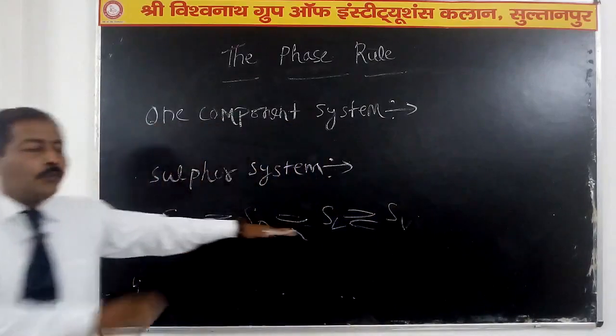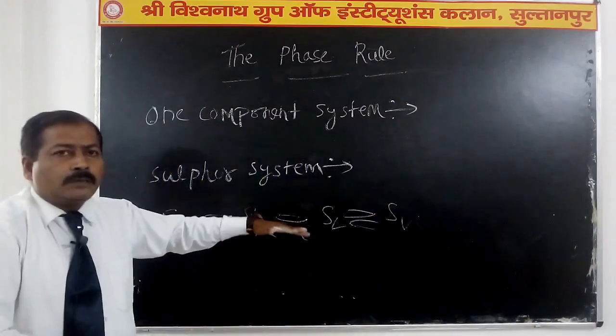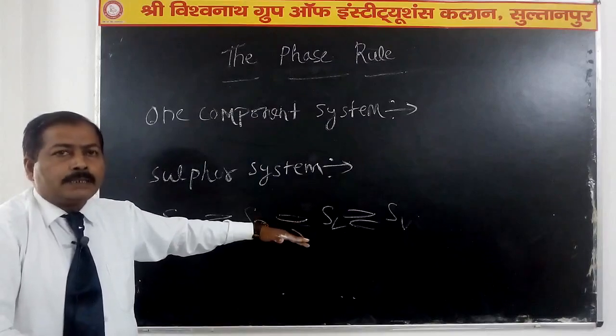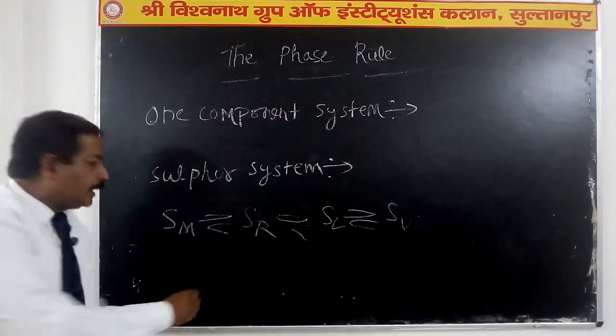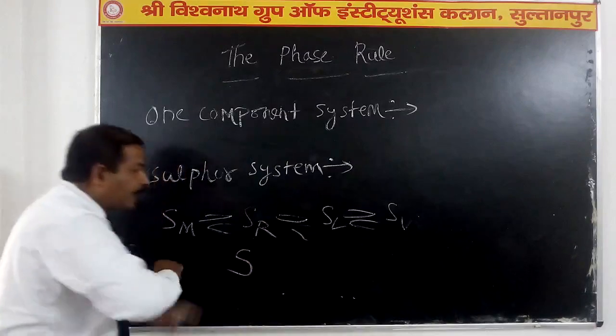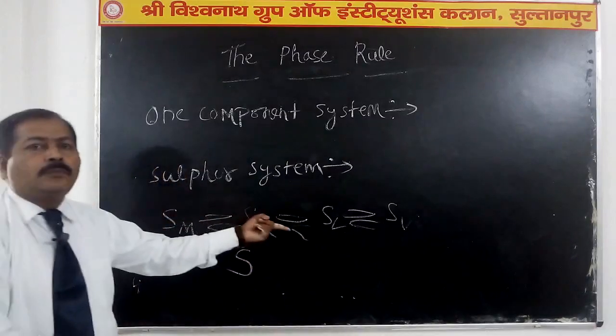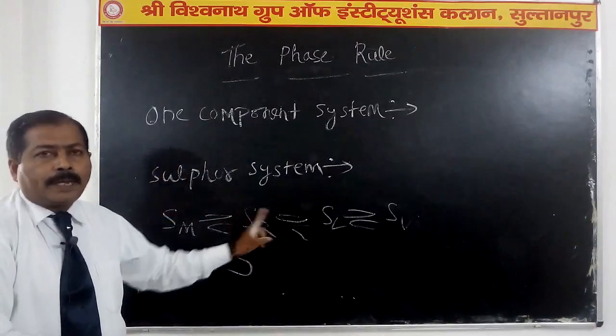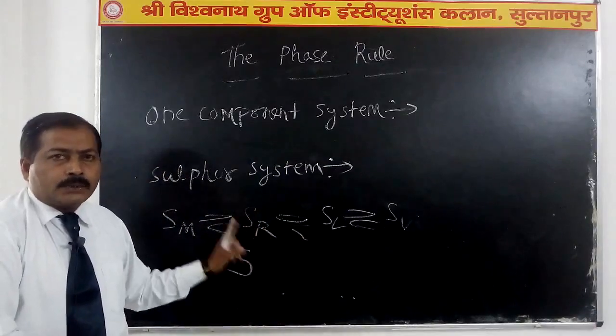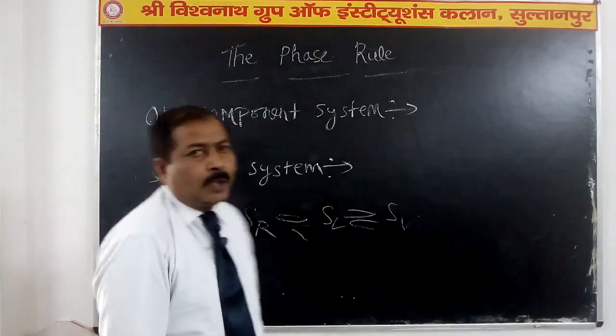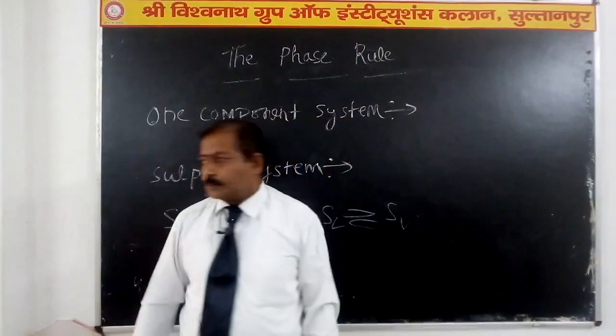These four phases under equilibrium condition are described by the single chemical formula, that is S. So the sulfur system is an example of the one component system.